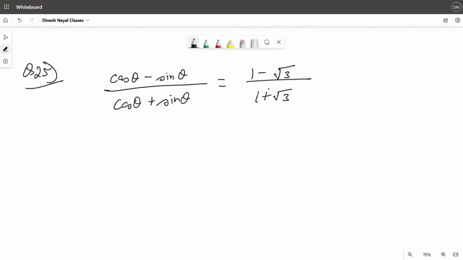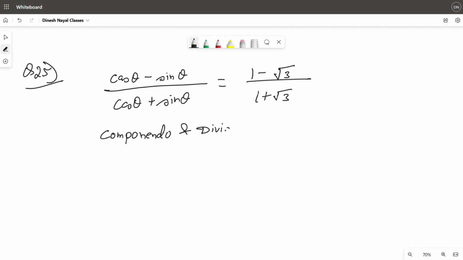Now over here, in the given equation, we are going to apply componendo and dividendo. So what is componendo and dividendo?